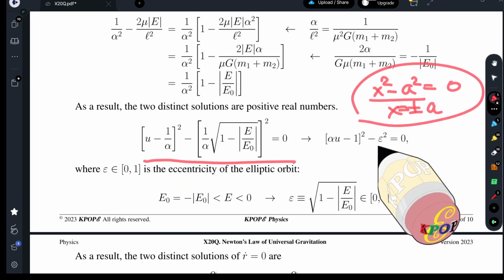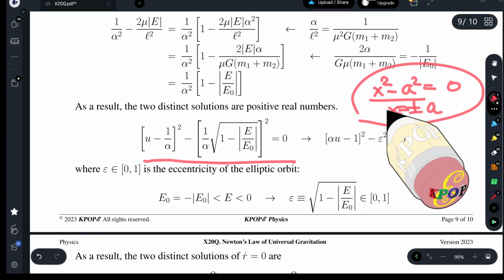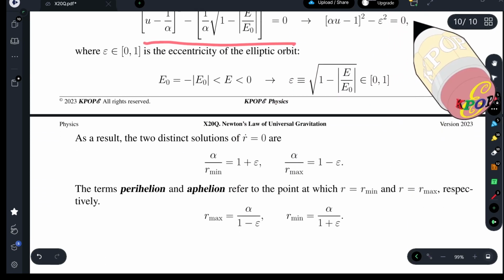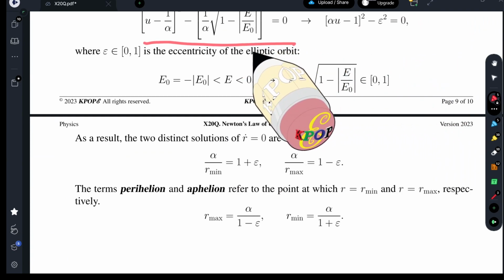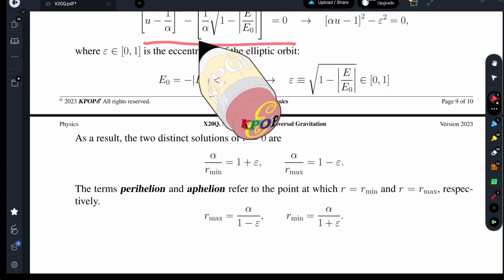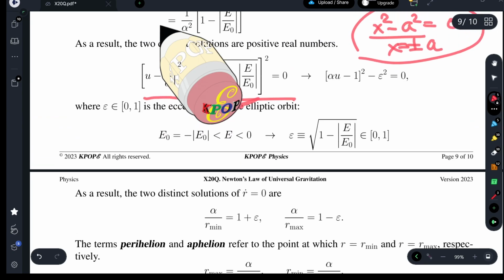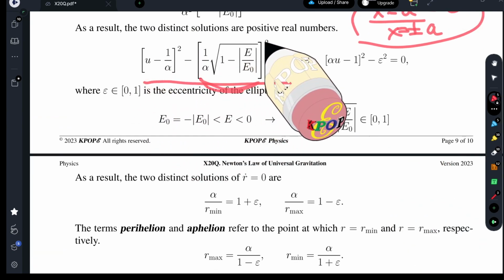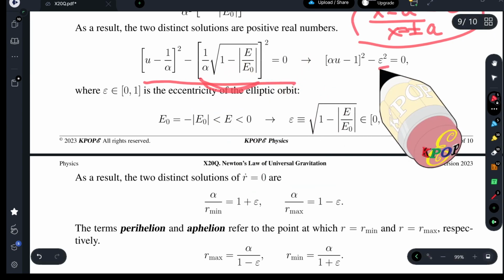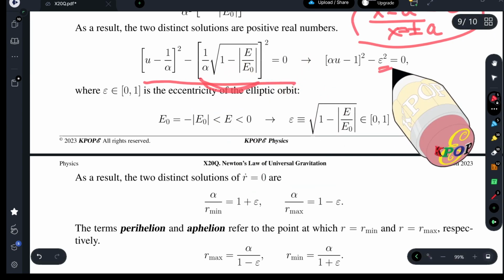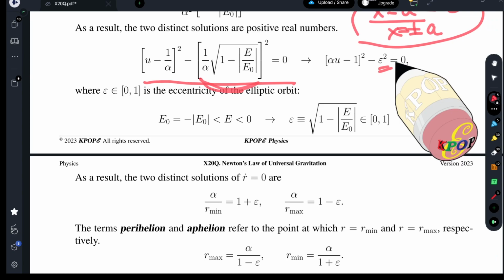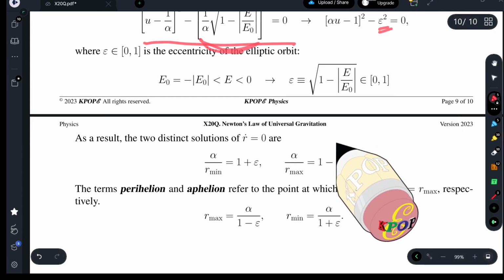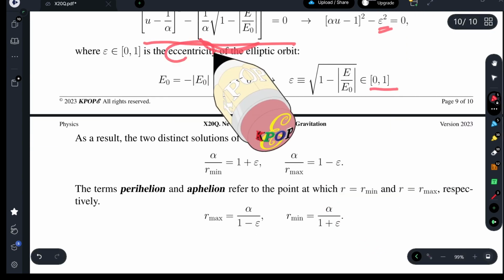This determines the value of u, and there's a detail in how to determine this. You will find this is completing the square, subtracted by a constant. This constant is identified with a number in the range between 0 and 1. We call it eccentricity.